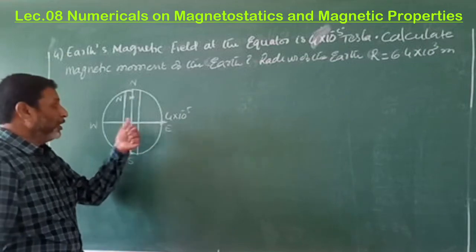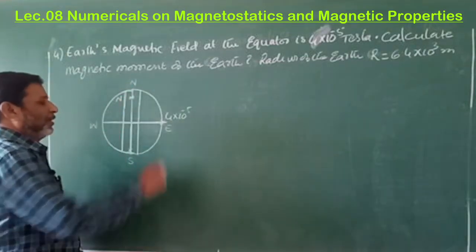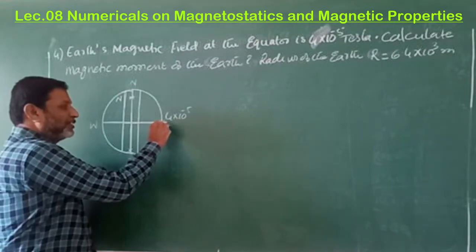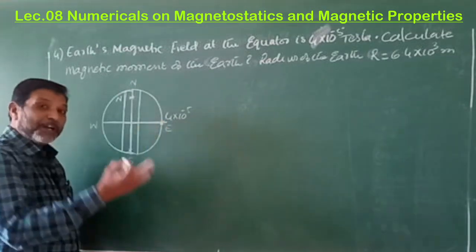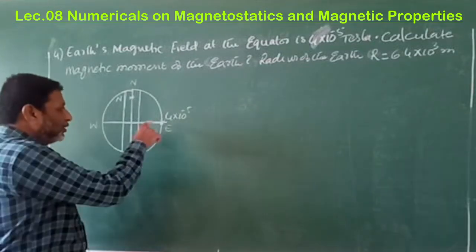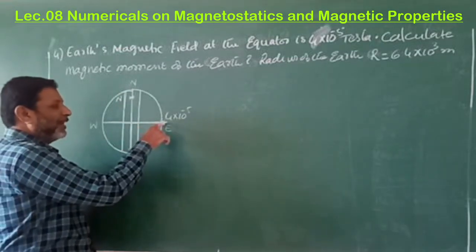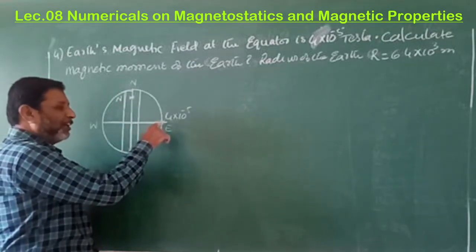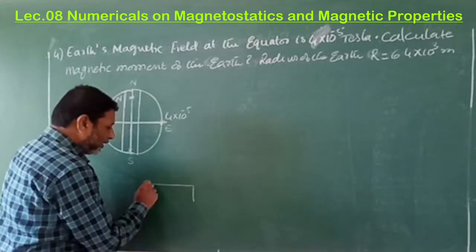Now see, looking at this figure, if the Earth's magnet is like this, the field at this point is given to you. When you compare it with a magnetic dipole, this point for the Earth's magnet acts as a point on the equatorial line. Now, if I draw the figure, you will realize it.